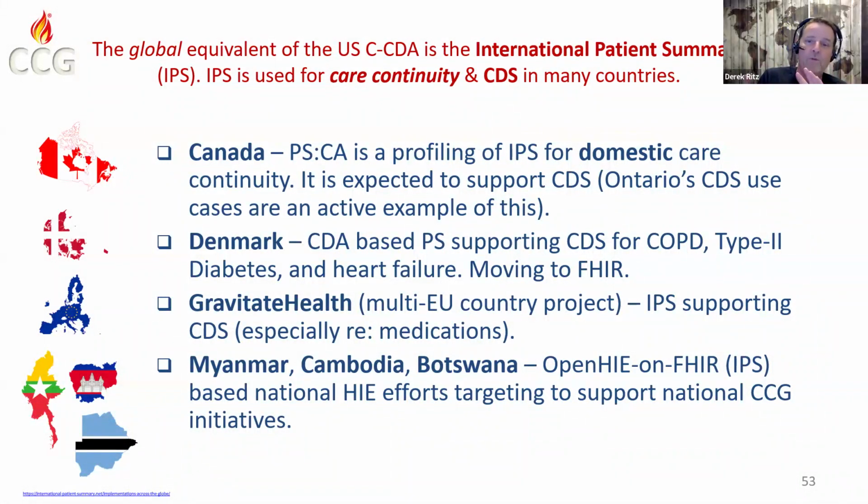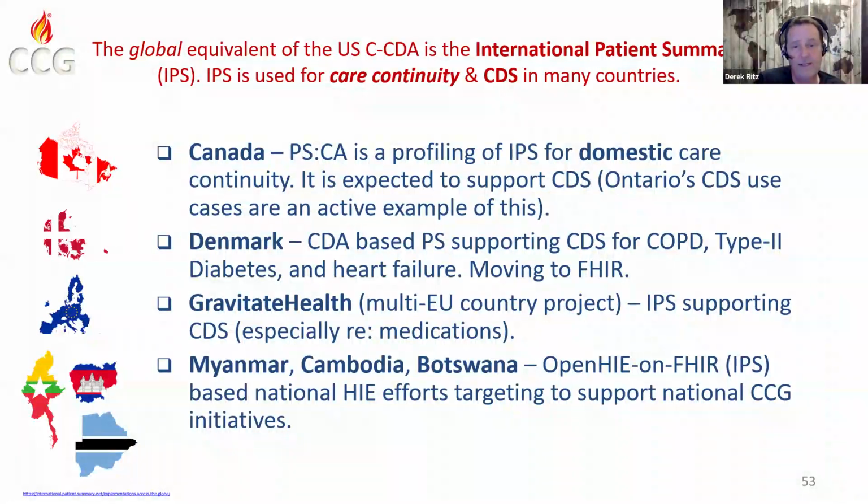They're in the process of moving to FHIR, and I'm working with a counterpart on one of my EU projects in that work. Gravitate Health is leveraging IPS documents to support clinical decision support around medications.